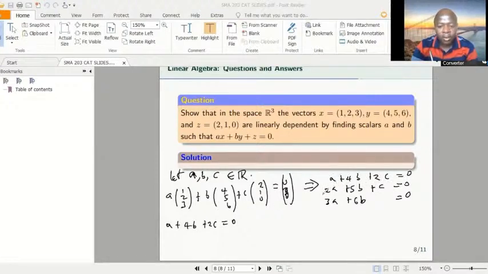So this times 2 subtracted from that, you have a 0. This by 2 is 8b, subtract from this, you have negative 3b. This by 2, you have 4c, subtract from this, you have negative 3c. And then this by 3 subtracted from that, you have 0.